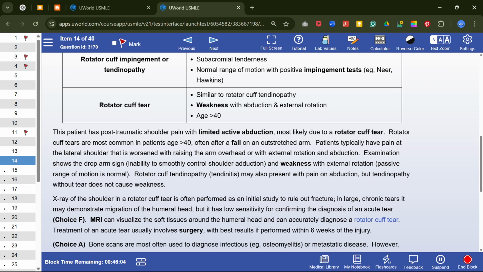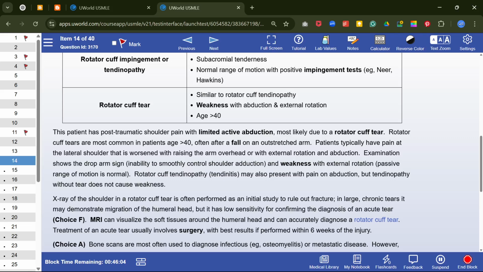Rotator cuff tears are most common in patients aged more than 40, often after a fall on an outstretched arm, and patients typically have pain at the lateral shoulder that is worsened with raising the arm overhead and with external rotation and abduction. Examination shows drop arm sign, inability to smoothly control shoulder abduction, and weakness in external rotation. Passive range of motion is normal.